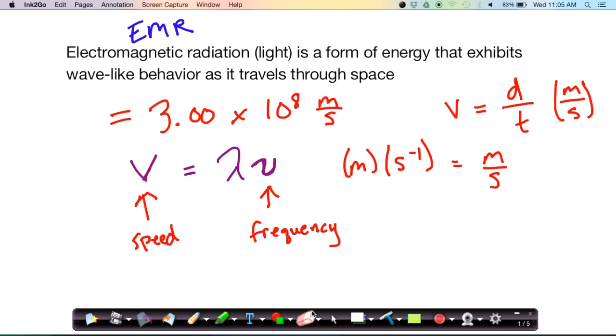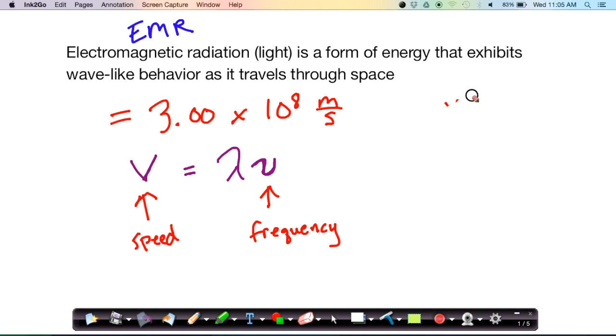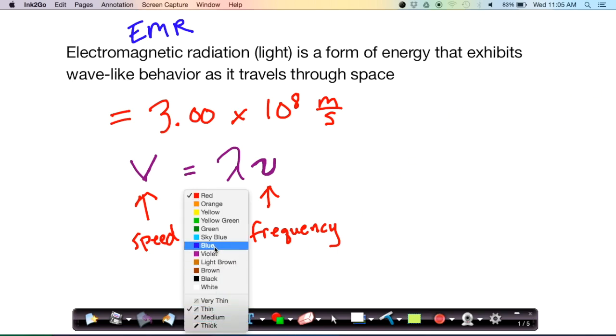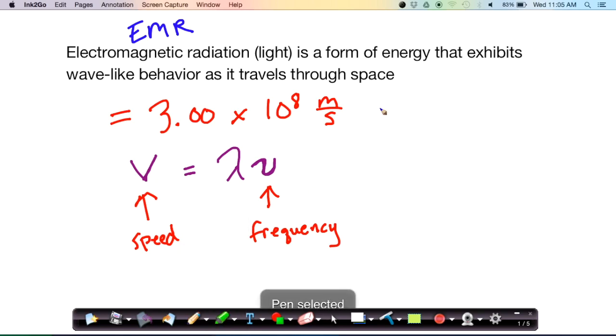So a very, very large magnitude we see for all electromagnetic waves. We call this value the speed of light. All light waves travel at this speed in a vacuum, where there's no air or other matter to interact with. 3.00 times 10 to the 8th meters per second is the speed of light.